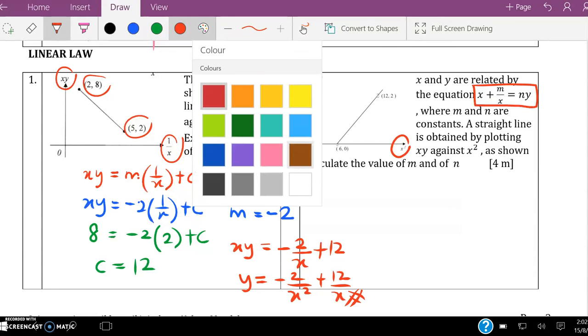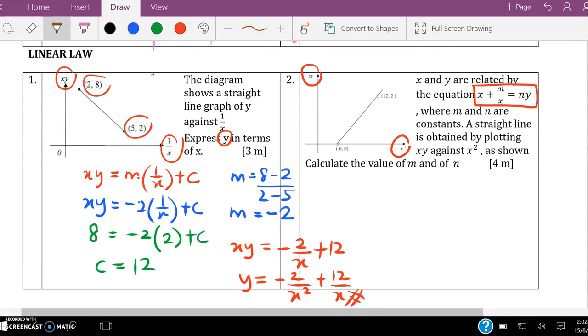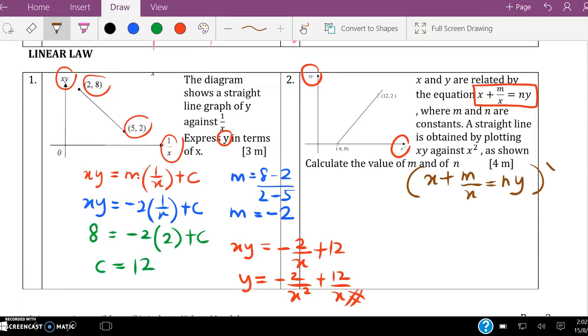Let's see here, we choose a brown pen. x plus m over x equals ny means that we multiply everything by x. So it's going to be x squared plus m equals nxy, and xy is x squared over n plus m over n.